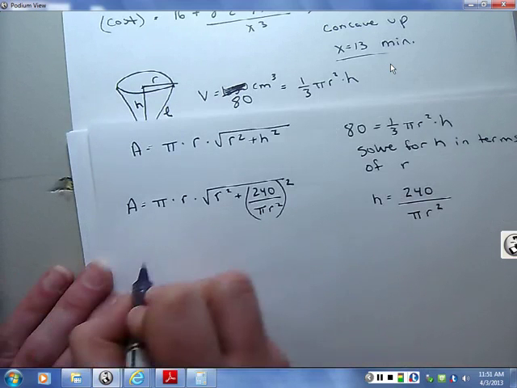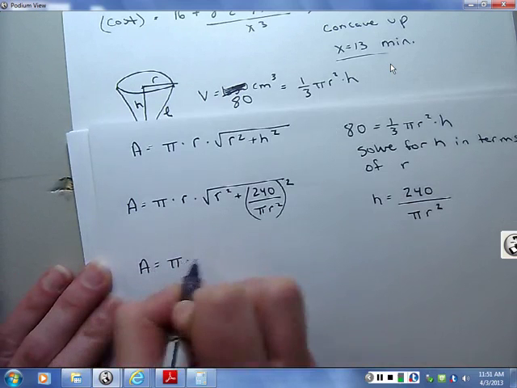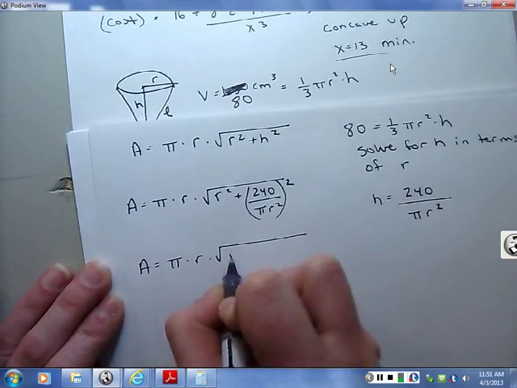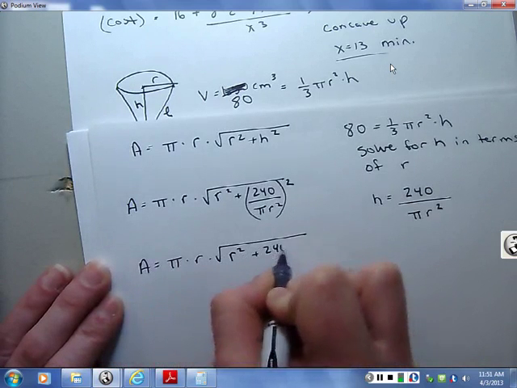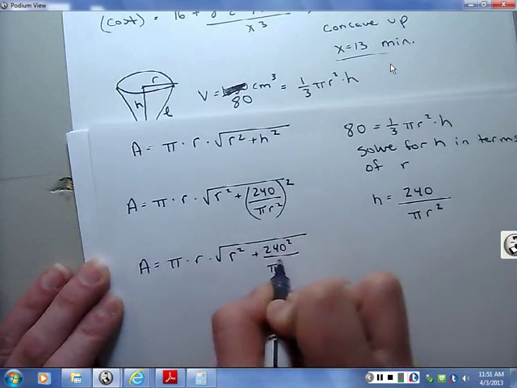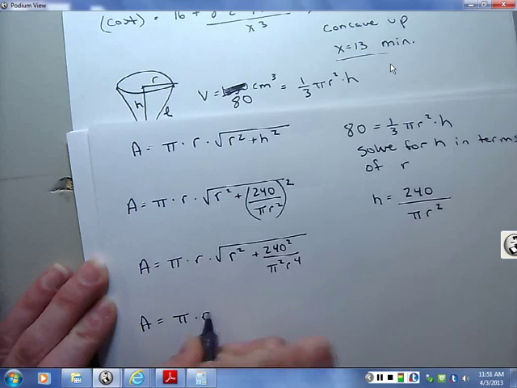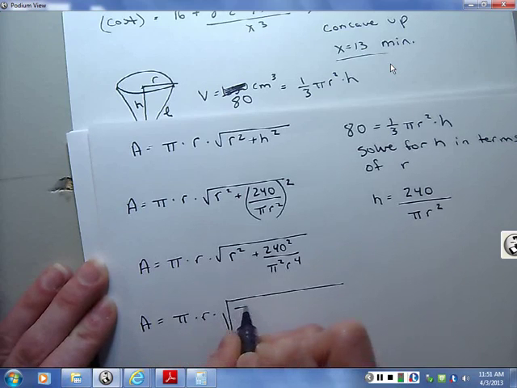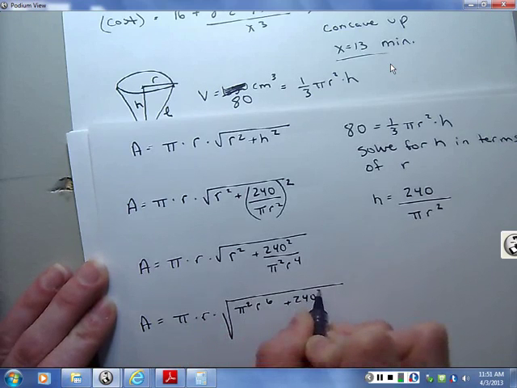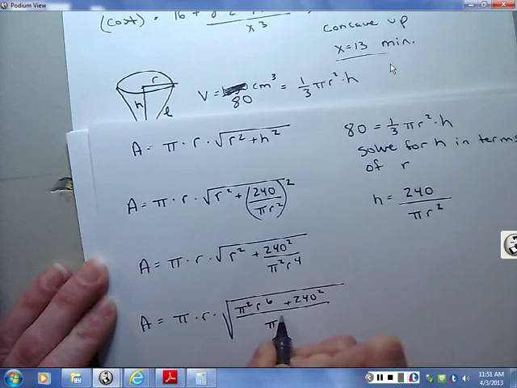So I want to simplify this to differentiate it, and I get R squared plus 240 squared over pi squared times R to the 4th. If I find a common denominator under my square root, this would be pi squared R to the 6th plus 240 squared all over pi squared R to the 4th.